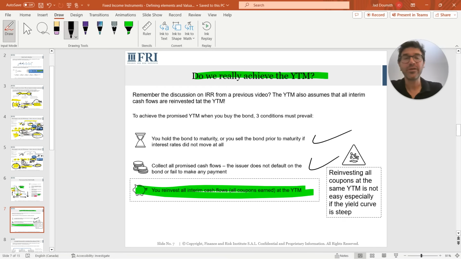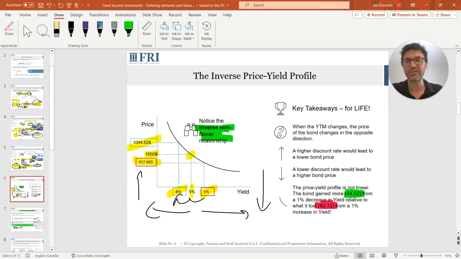What we mean here is that if you buy a bond with a yield to maturity of 5%, like in our previous example, when it pays you the first coupon, you must be able to reinvest that first coupon for the remaining 4 years until the bond matures at a 5% rate. Only if you succeed in reinvesting every single cash flow at the yield to maturity will you end up achieving the promised yield per annum.